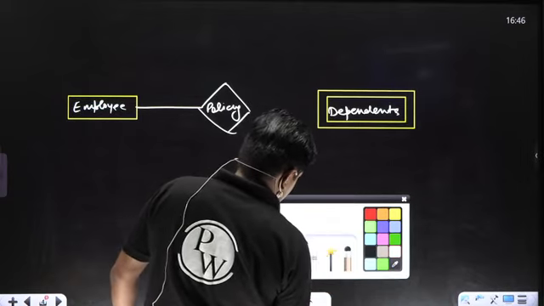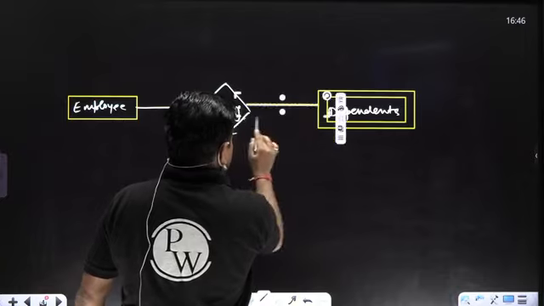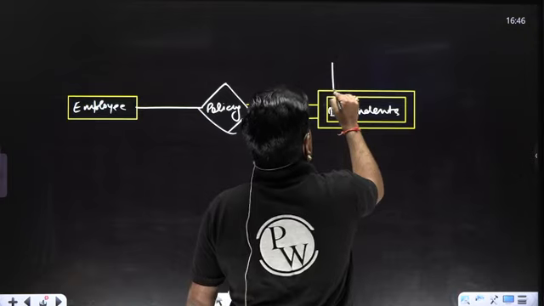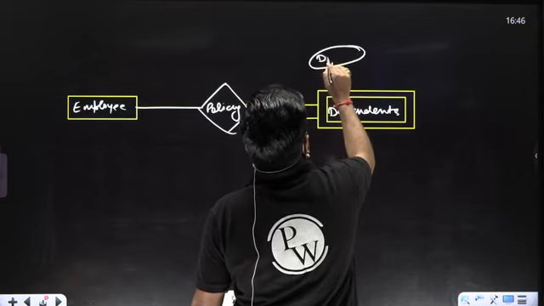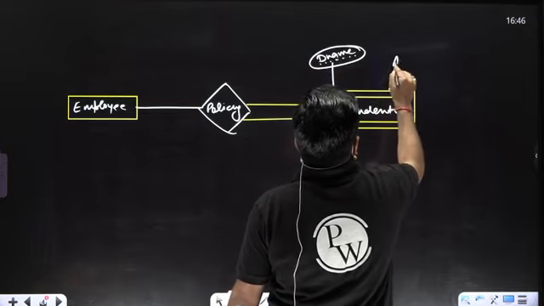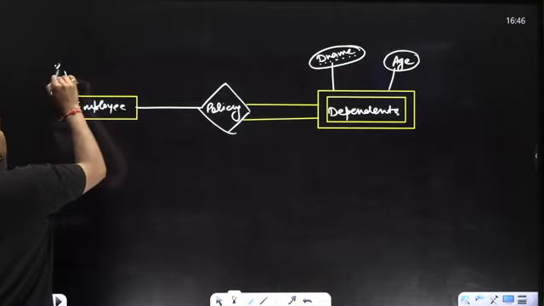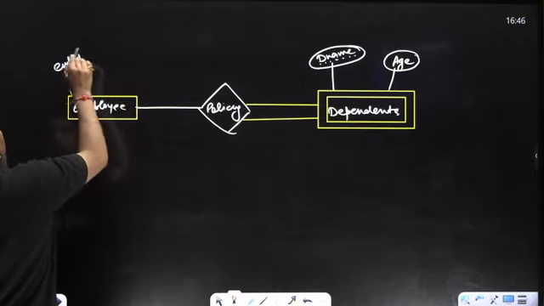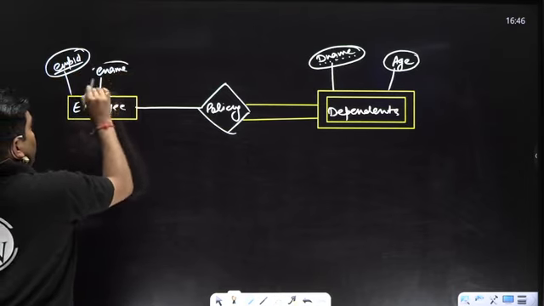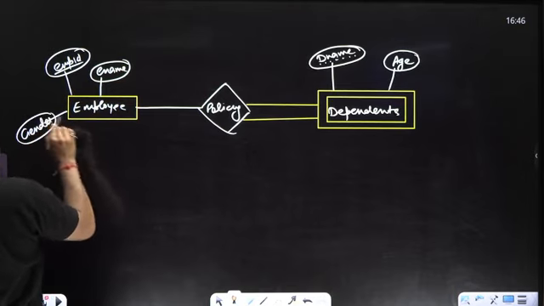Now please try to understand what I am telling here. First of all, here we have partial key, and here we have the attributes: employee ID, employee name, gender, salary.